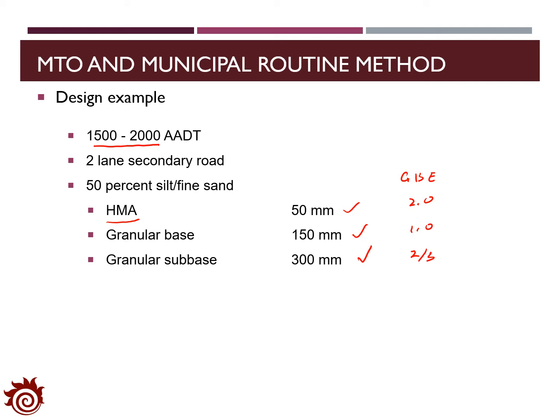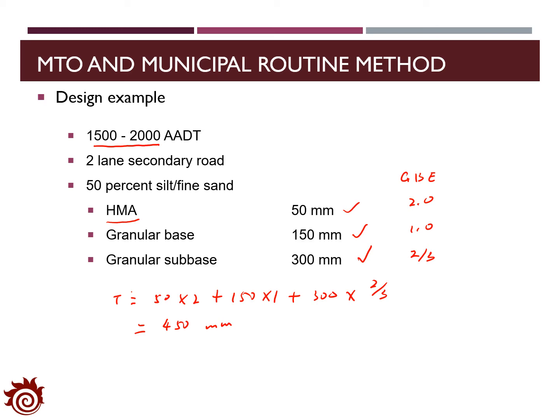With that, we can find the equivalent thickness as 50 times 2 plus 150 times 1 plus 300 times 2/3, which is 450 millimeters. So that's the way for us to design the pavement structure with the routine methods.